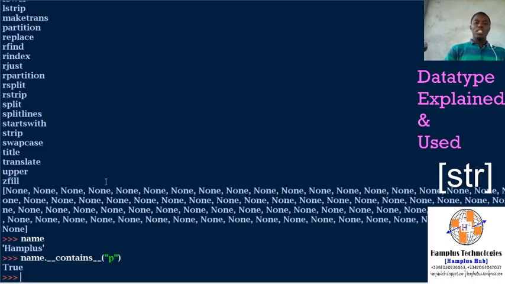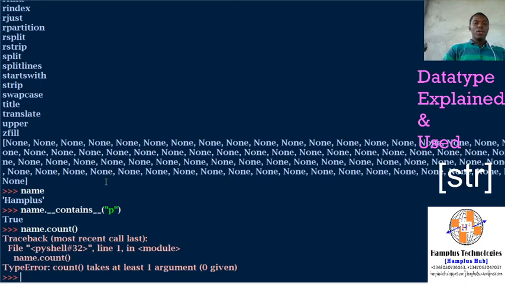Now let me do something else. Count, as in name dot count. It says it takes an argument. Now what does count do? Name dot count returns the number of appearances of that particular character in the string.